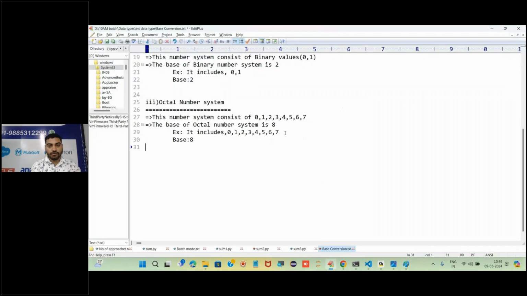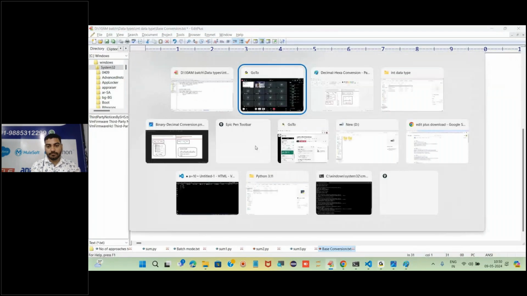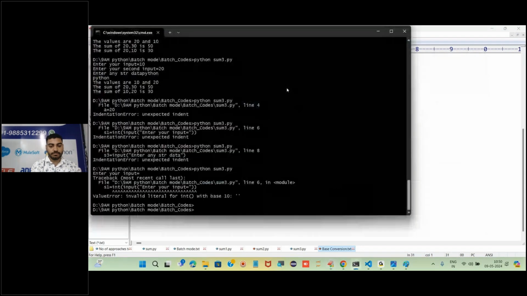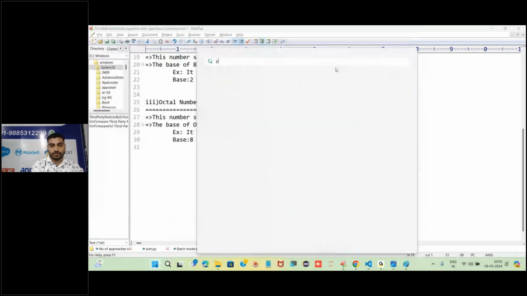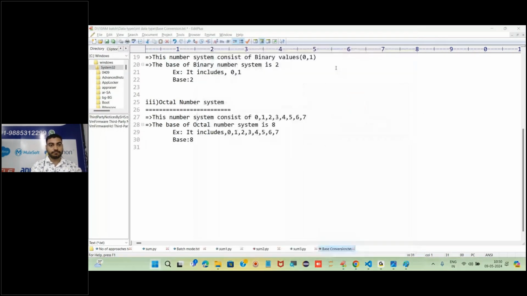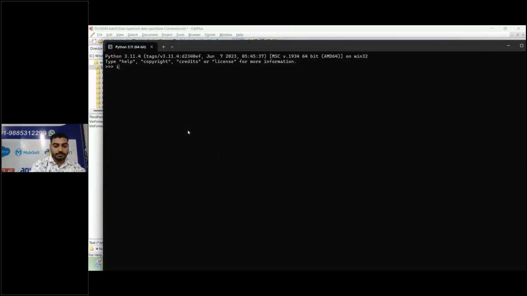Now let's go to the Python command prompt, and there we will see. Let's go for the Python command prompt. First of all, I will import os.